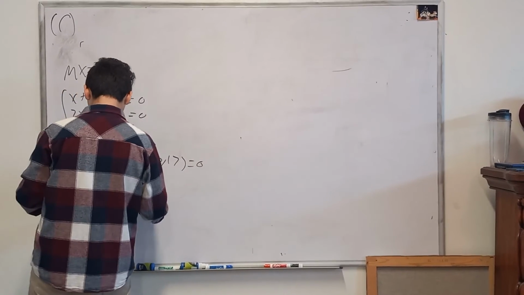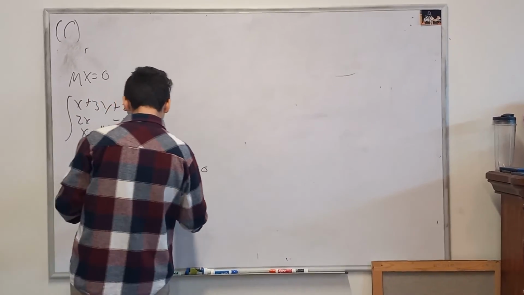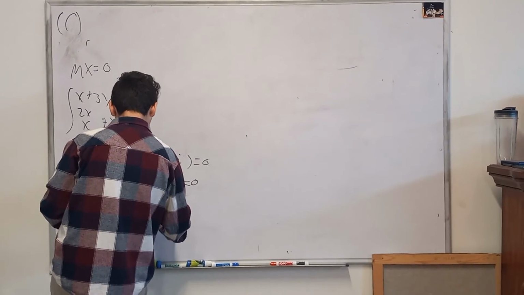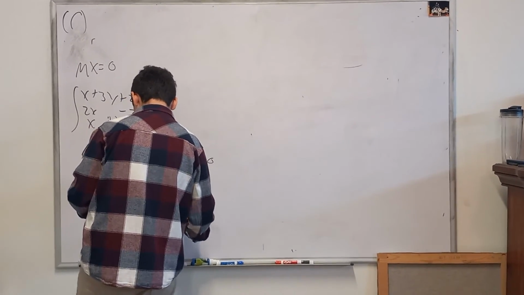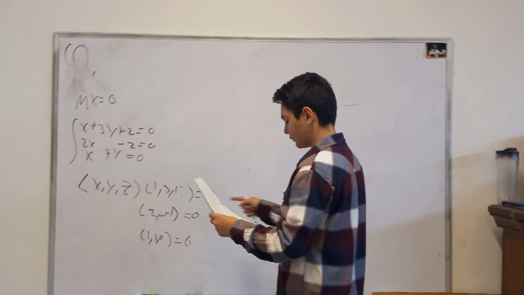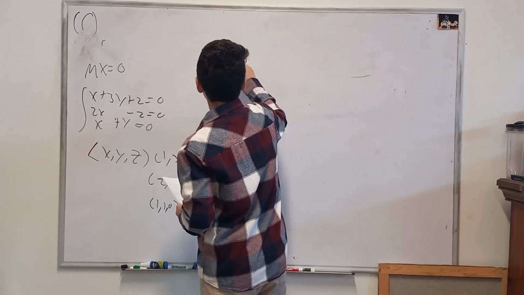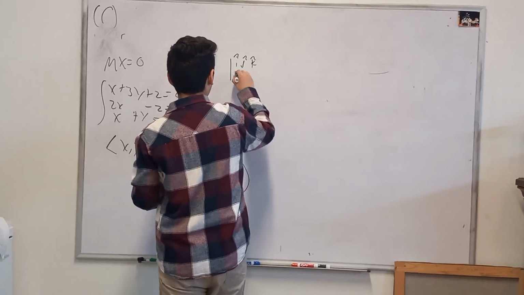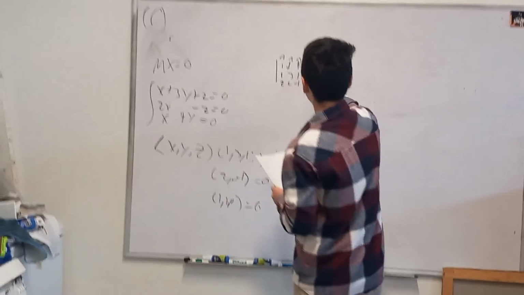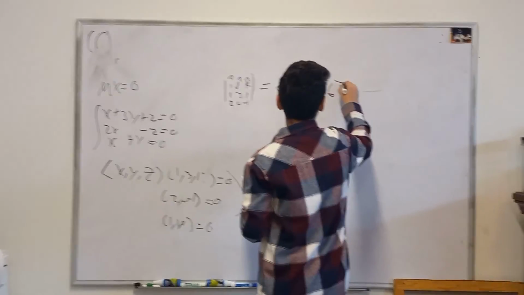We'll get 2, 0, negative 1, my bad, is equal to 0. And then we have 1, 1, 0 is equal to 0. But what we're going to do is take the cross product of these. So it's i hat, j hat, k hat, of 1, 3, 1, 2, 0, negative 1. And when we compute this, we'll get negative 3, 3, 6.